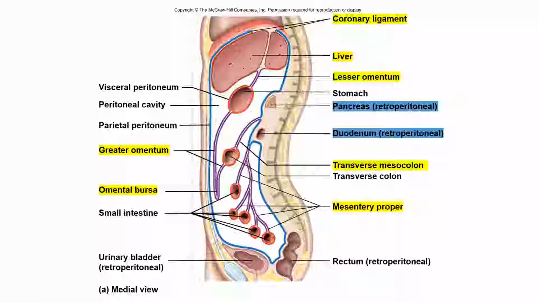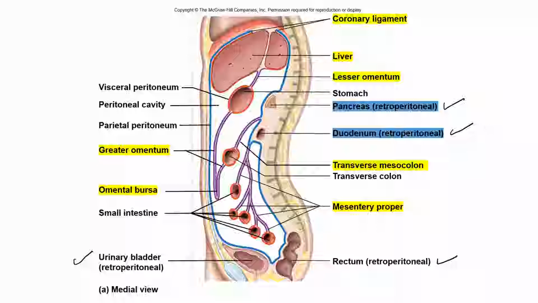You can see in this illustration the location of the retroperitoneal organs, pancreas and duodenum. These are retroperitoneal organs of the GI tract. The rectum in the pelvic cavity and the urinary bladder in the pelvic cavity are also retroperitoneal.